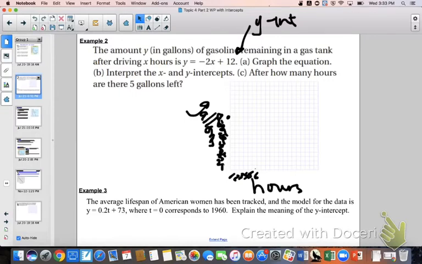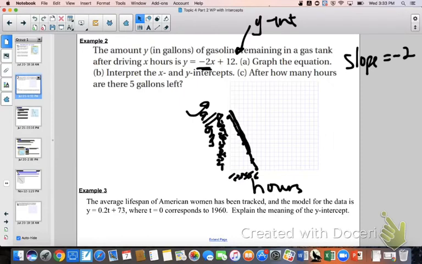All right, so I'm going to start at 12, and then negative 2 is my slope. So I go down 2 over 1, down 2 over 1, six times. So right there is my line. I just graphed that.